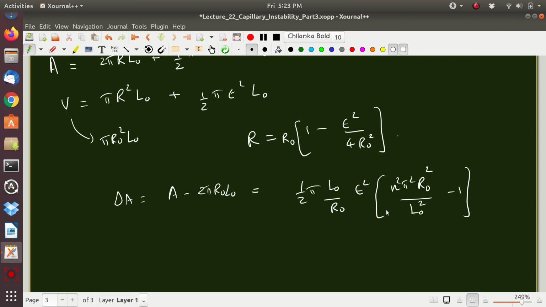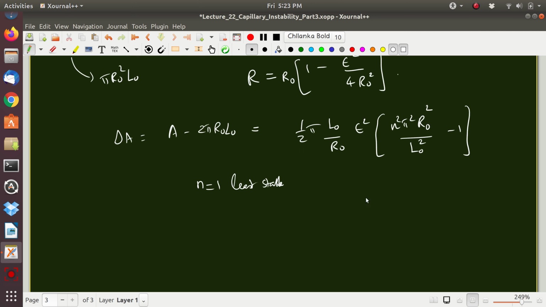You can see that the change in area can be positive or negative depending on the competition between these terms. But in any case, if you want it to be negative, this term has to be beaten by minus 1. So n equal to 1 is the least stable. Now if you put n equal to 1, then delta A is negative if pi squared r naught squared by L naught squared is less than 1.